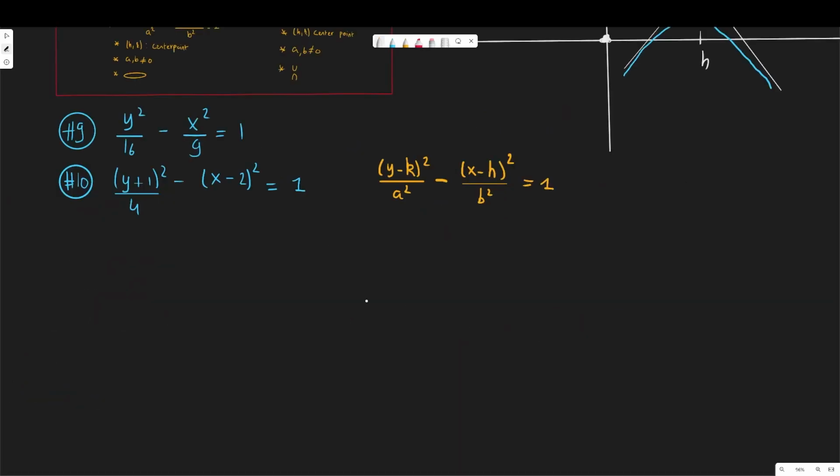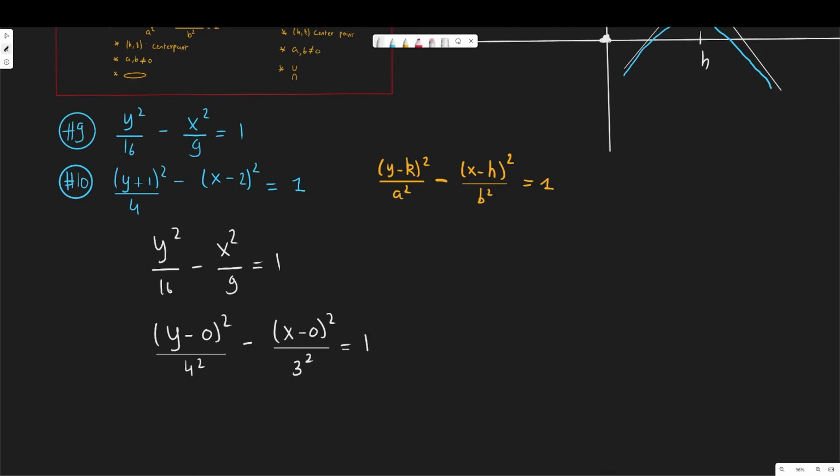Now for exercise 9, we have that y squared over 16 minus x squared over 9 is equal to 1. So let's do some operations so that we get this equation in the same form as our general equation. So let's say that y squared is the same as y minus 0 squared over 16, which is the same as 4 squared, minus, well, x squared is the same as x minus 0 squared over 9, which can be rewritten as 3 squared, is equal to 1.